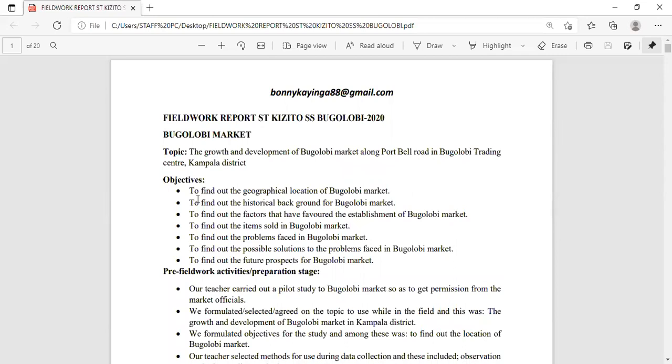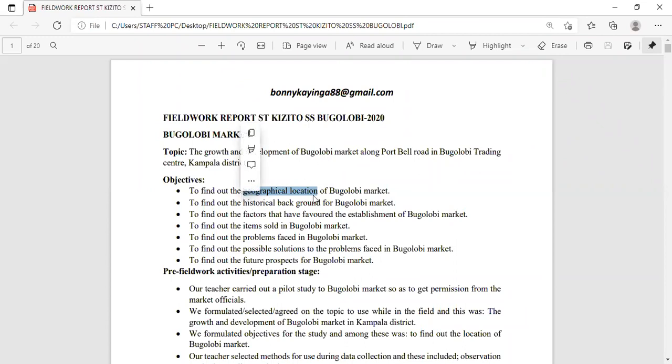These are objectives. We are saying that objectives you start with to find out the geographical location of that area. That should be objective number one, because objectives should be SMART. Let them be systematic. You start with a primary objective to a later or secondary objective, and in an order which is clear.